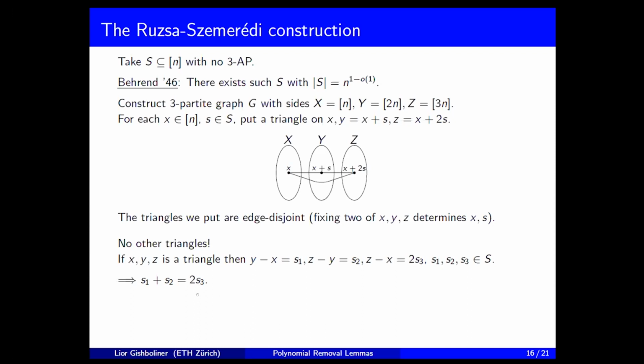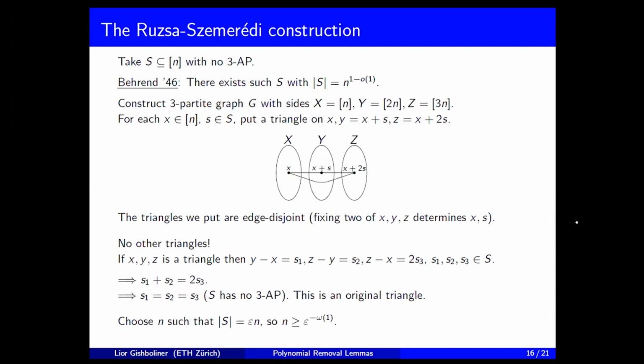But this is the equation of a 3-term arithmetic progression. So this is only possible if s1, s2 and s3 are all equal, because otherwise we would have a 3-term arithmetic progression in S. Good. So the only triangles we have are the original triangles that we defined. We managed to pack many triangles without creating new triangles.